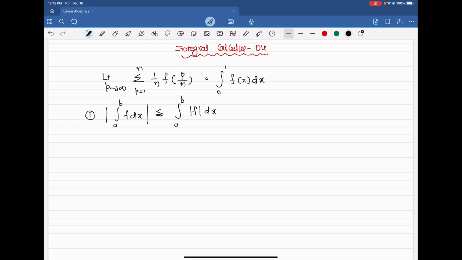The proof of this you can get from any standard book. Please try to understand that the absolute value of the definite integral a to b of a function dx is less than or equal to integral a to b absolute value of function with respect to dx.